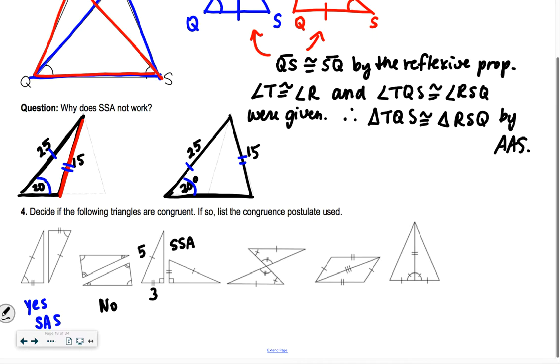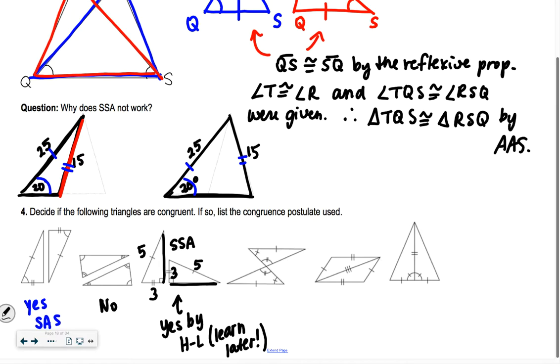Could I find the missing measurement? Yeah, and if this is 3 here and 5 here, wouldn't that have to be the same here and here? Yes, they would have to. So this is going to be something that we will call hypotenuse leg. So yes, by HL. We're going to learn that later. So technically it does work. So I get a bonus one in there.